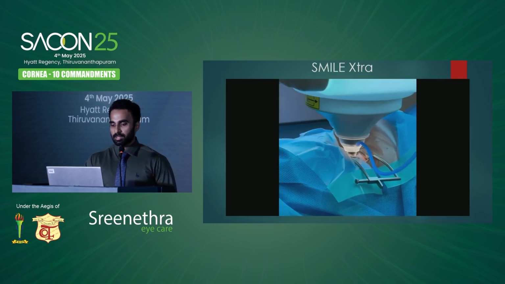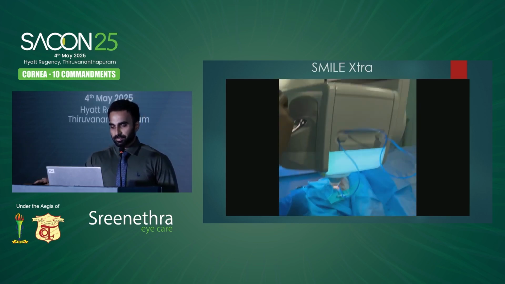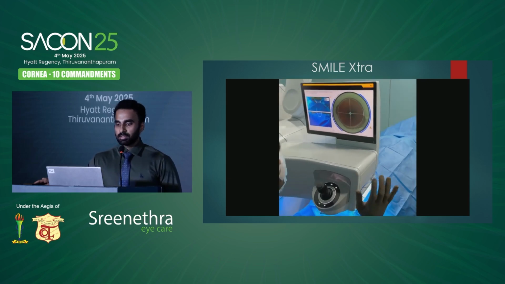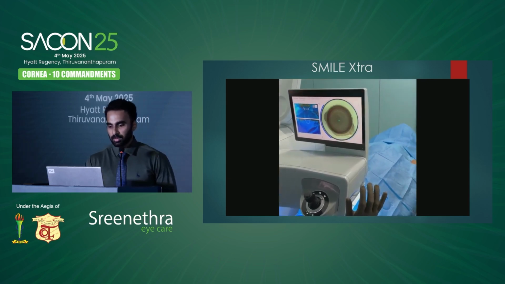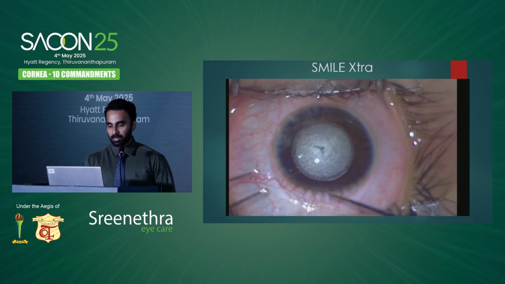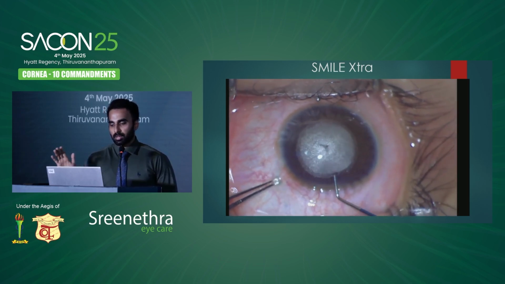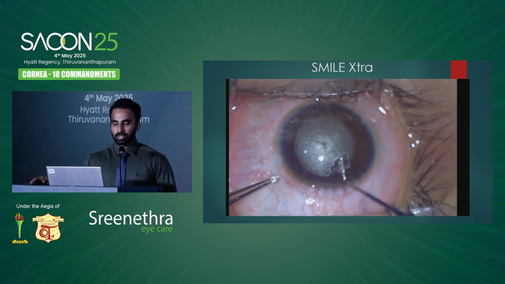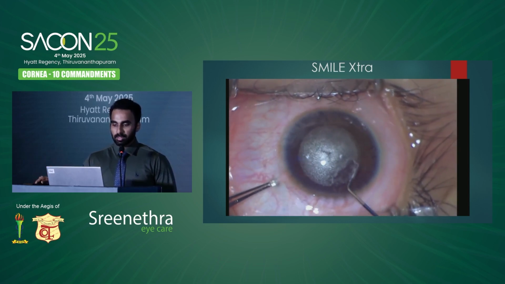So this is SMILE extra being performed. We do the SMILE procedure. This is the docking and the laser application. Both the cross-linking and the refractive procedure can be done in the same sitting. This is just a routine SMILE here. There's nothing different.